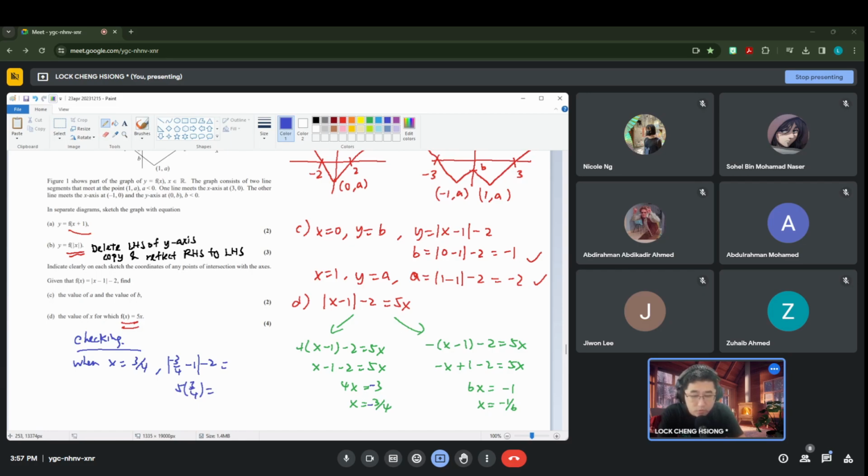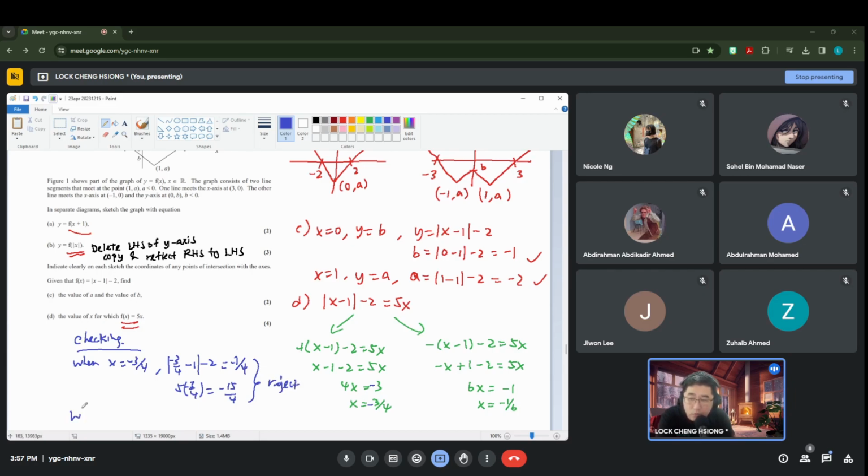Calculate negative 0.75, so negative 1 over 4 and negative 15 over 4. Of course, they are different. Reject.